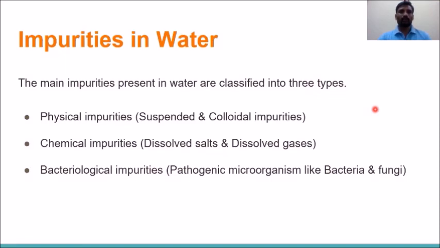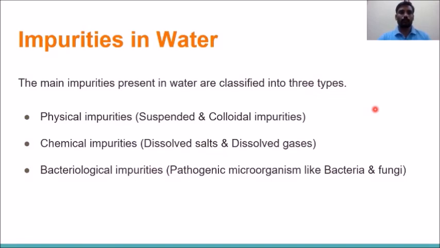Another one is dissolved gases. The dissolved gases may be dissolved oxygen, carbon dioxide, hydrogen, or sulfide gases. Oxygen accelerates the rate of corrosion, and these gases also cause bad odor and acidic nature.